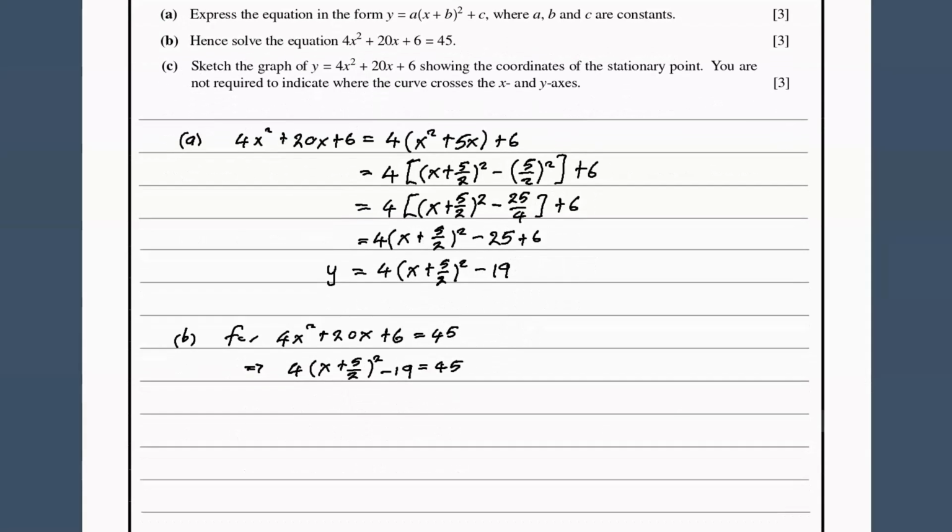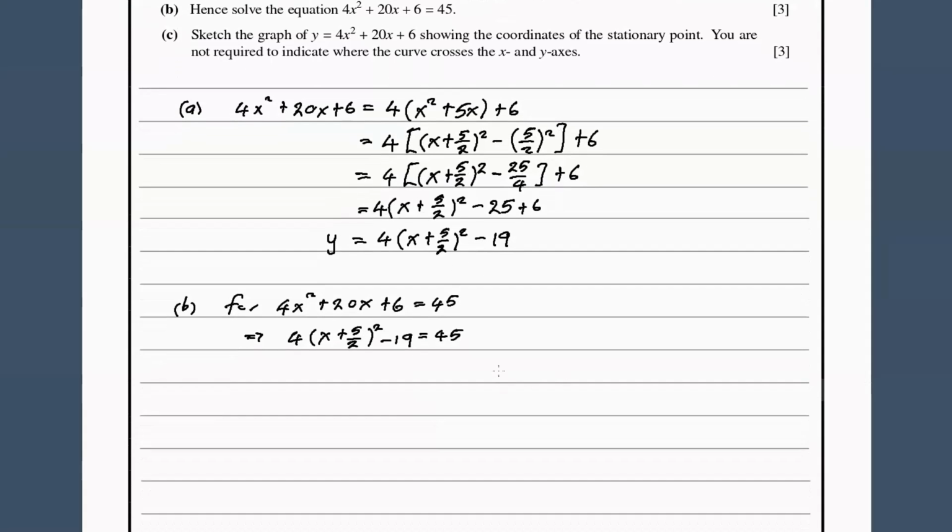Here we are going to take the minus 19 to the right side. So we have 4 of x plus 5 over 2 squared being equal to 45 plus 19, which is 64. So we have 64 here.